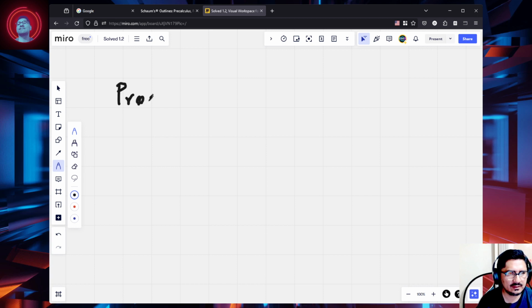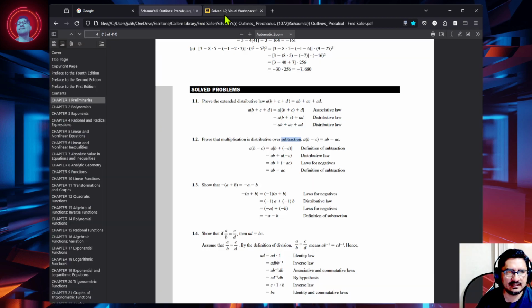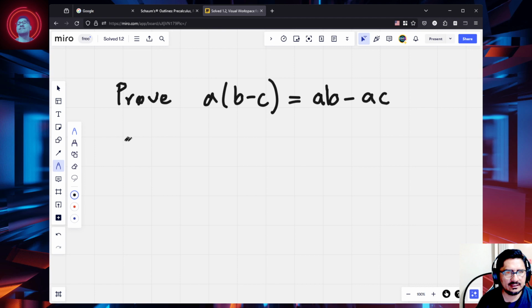We have to prove that a multiplying b minus c equals the subtraction of the multiplications. That's it. Well, here what is missing is that we have to state for which kind of numbers. Remember, so we state this one.